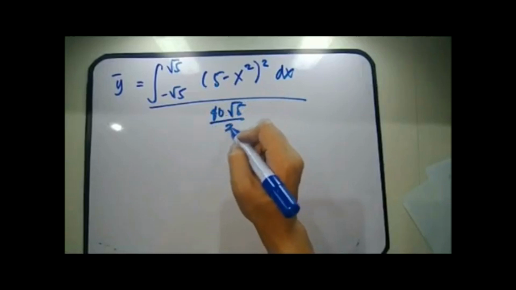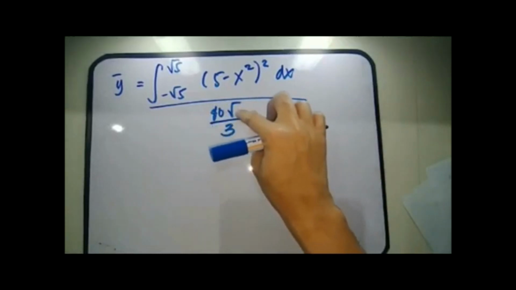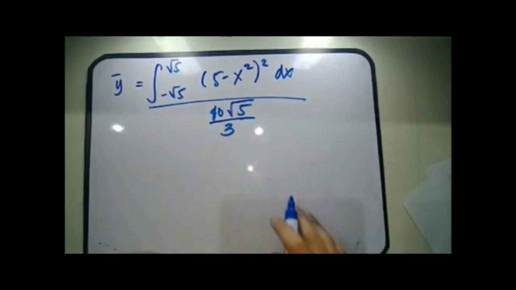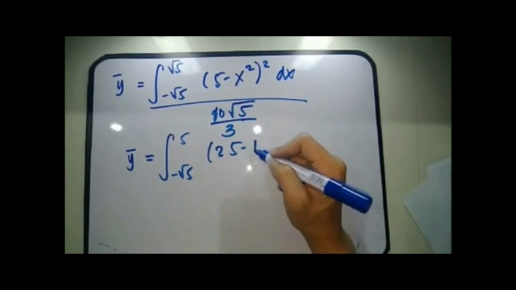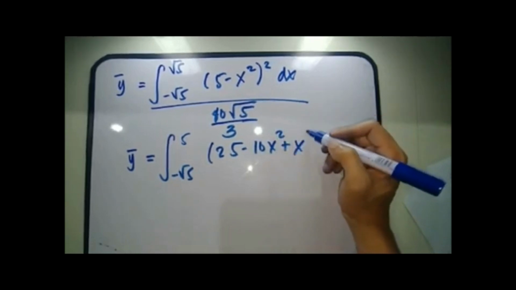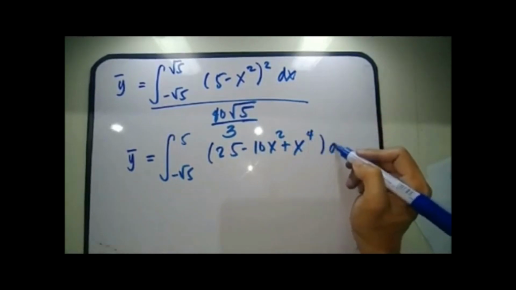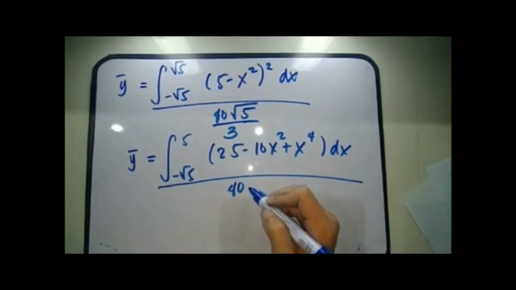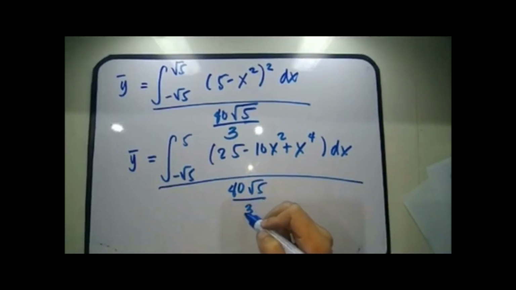So yung nasa taas, guys, i-expand natin siya para ma-integrate natin siya. We have here 25 plus 10x squared, expand natin yung naka-square sa taas, plus x raised to 4, differential of x, all over twice nung area, that is 40 square root of 5 over 3.